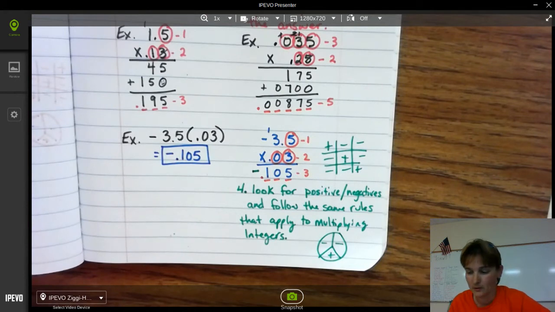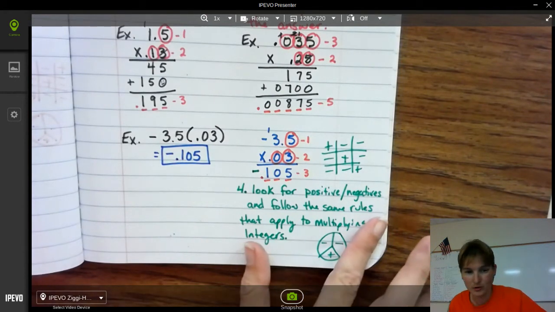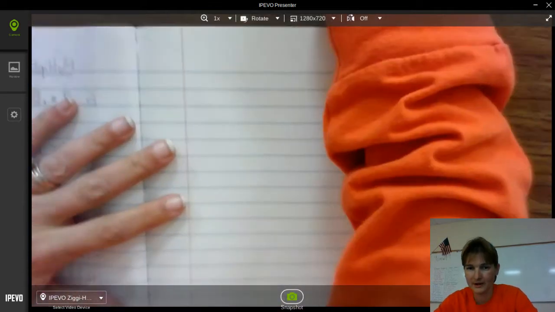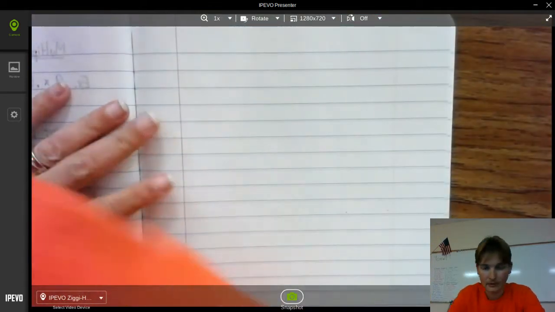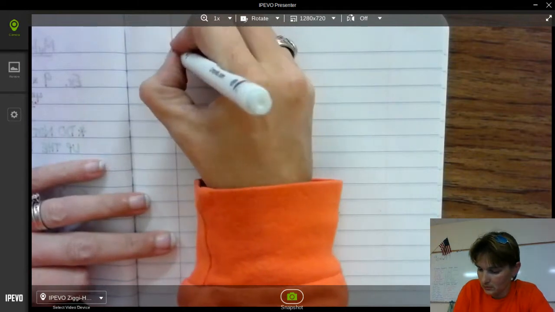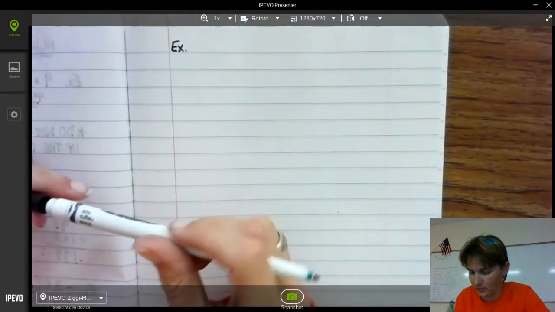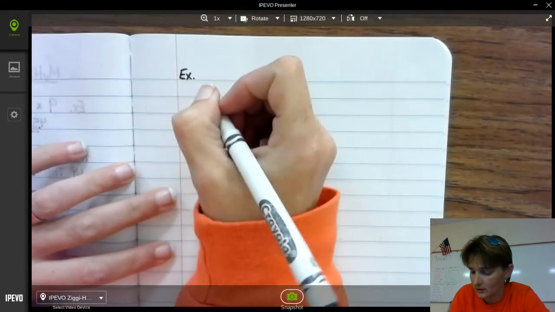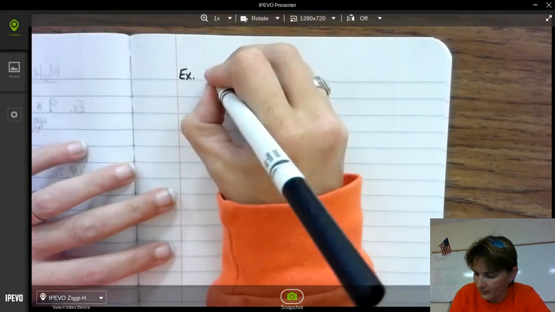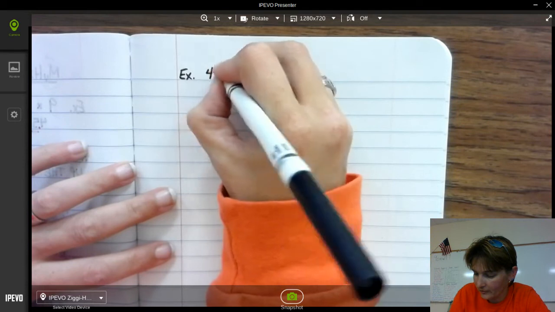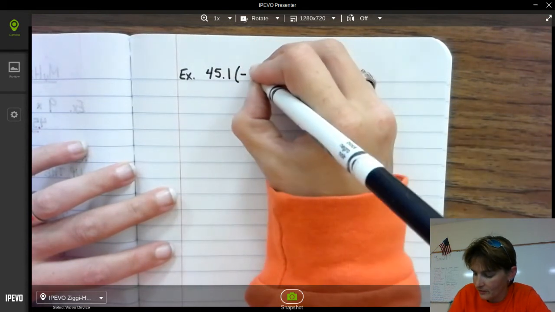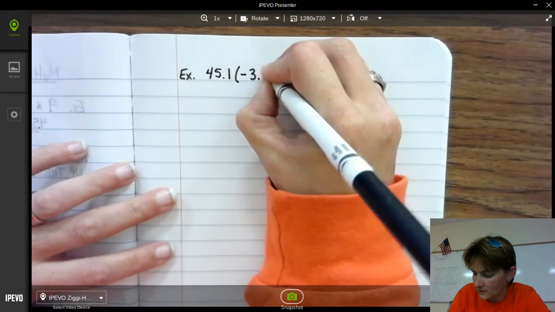All right, we're going to go ahead and turn the page and do one more example. Continued on multiplying decimals. This is going to be your positive and negative. What if we have, let's say, 45.1 times negative 3.2.